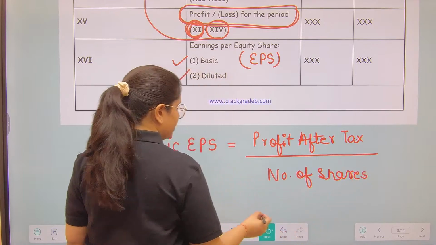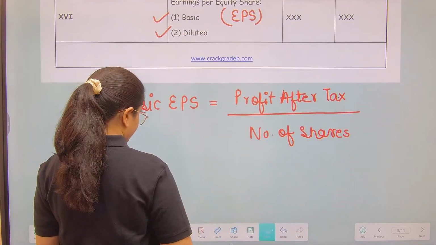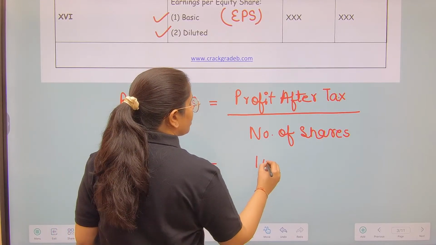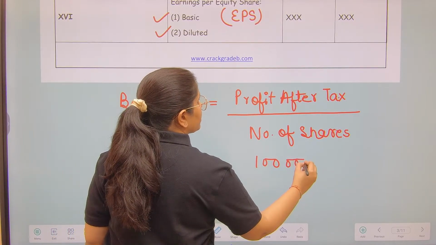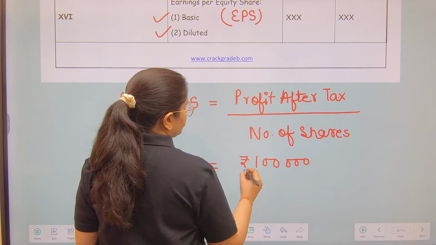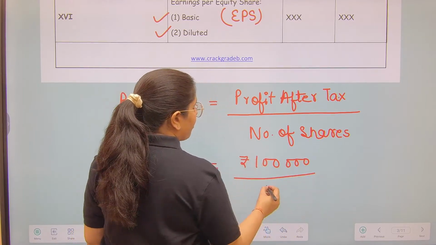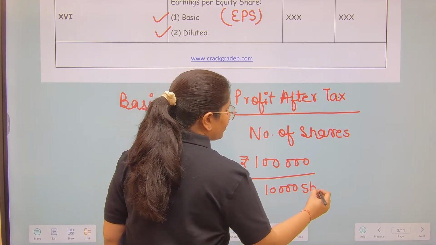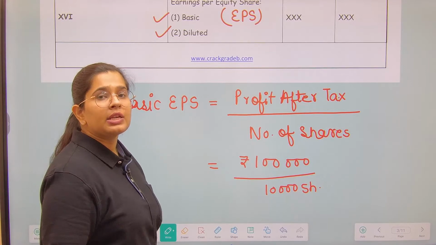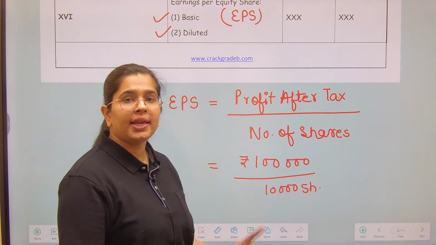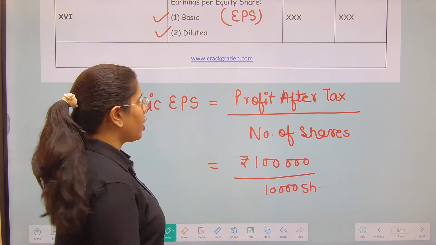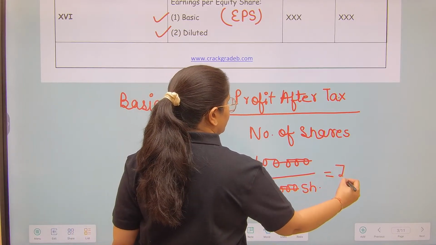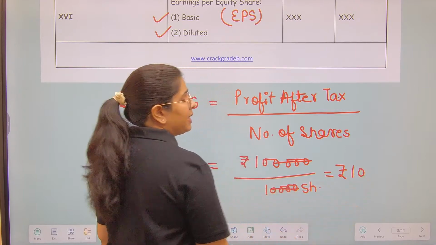For example, profit after tax is 1 lakh rupees. For example, we have earned this much profit and we have already issued 10,000 shares, meaning there are 10,000 shares in my company. So everyone who is holding at least a share, how much amount is he going to earn? 10 rupees. So this is my basic EPS.